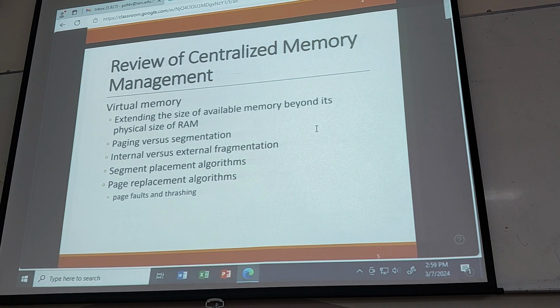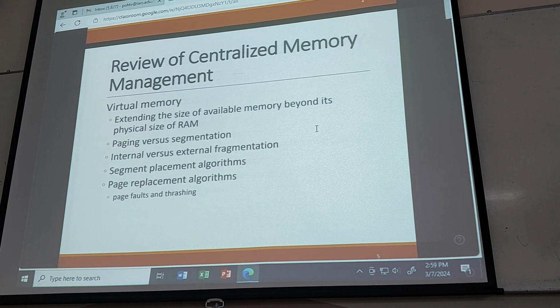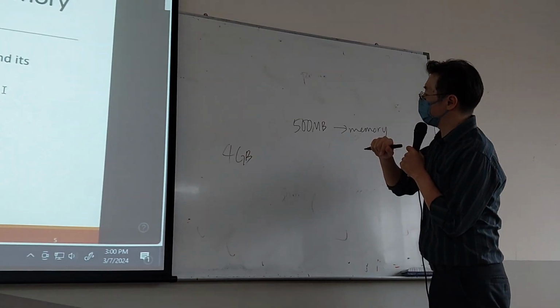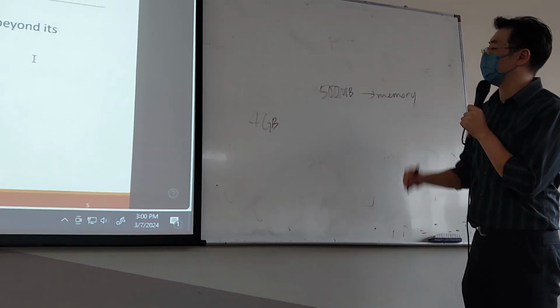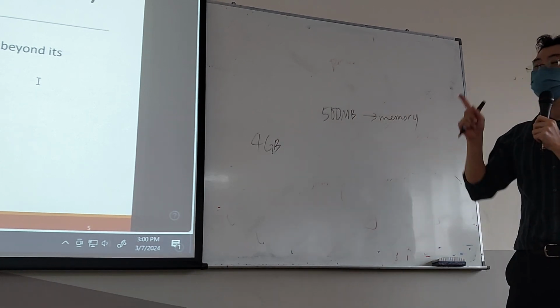Suppose you have a very small memory, only half a gig, 500 megabytes. But you want to make your program see that you have 4 gigabytes. That means you want your program to see how many times more? 8 times more than what you have. And you use virtual memory.